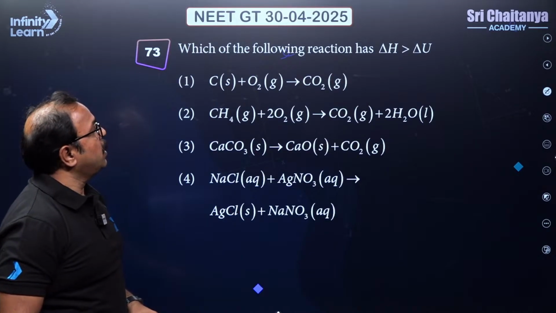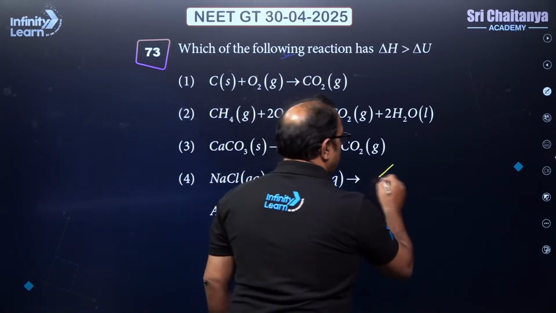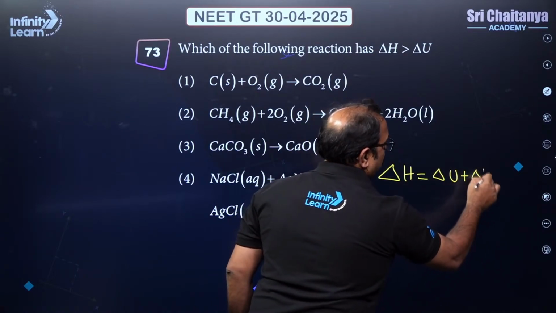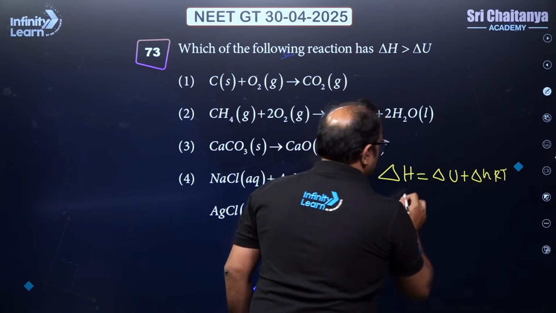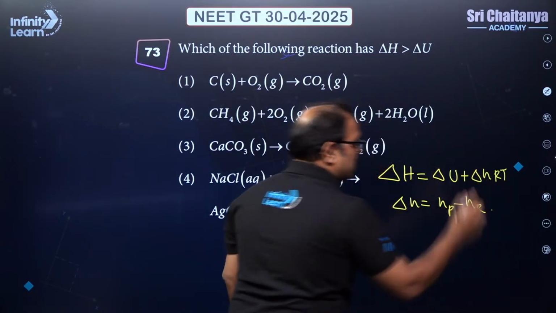Which of the following reactions has delta H more than delta U? Let us see the relationship in thermodynamics between delta H and delta U. Delta N represents the number of gaseous products minus the number of gaseous reactants.